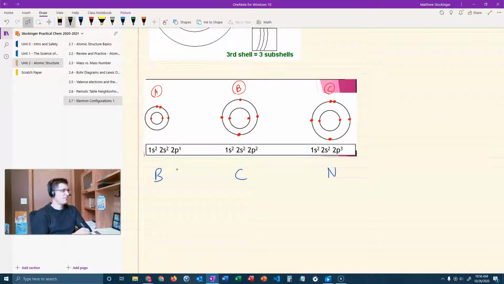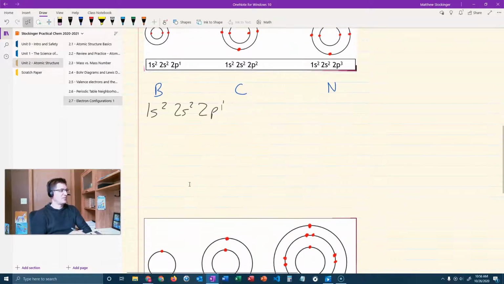Okay, so let's just copy this one down here. 1s2, 2s2, 2p1. The big giant numbers are called coefficients. They tell which energy level, or shell, we're in.